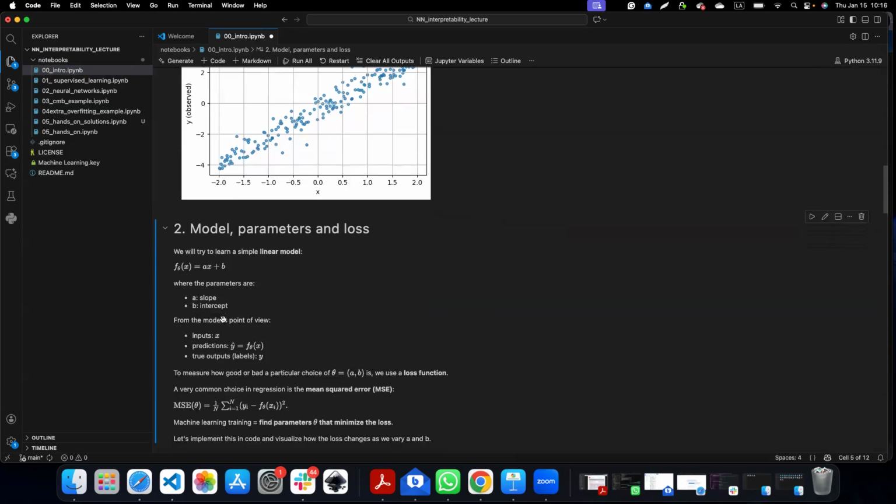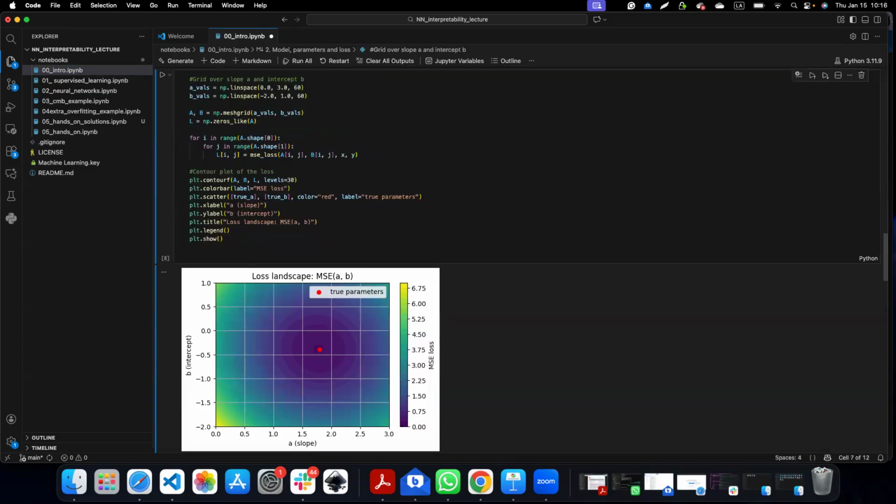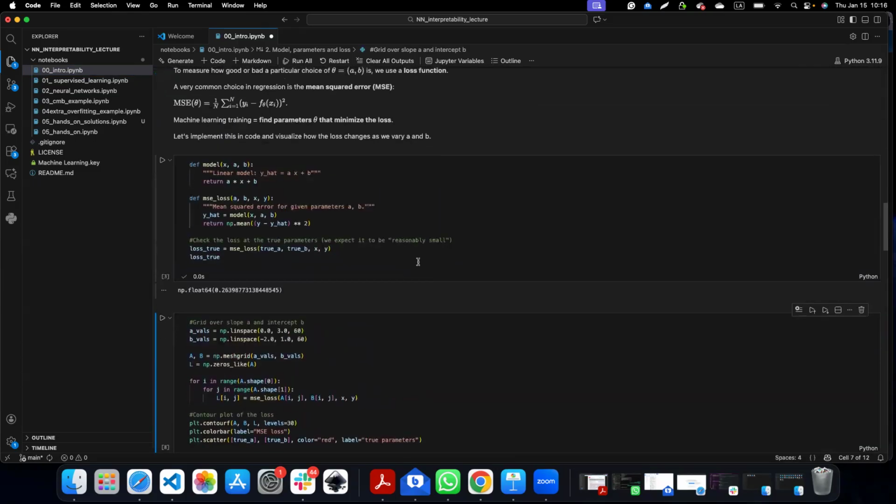And now we know from our model that y is going to be f of x, ax plus b, where we have the slope and the intercept. You run the next cell, and here we're going to define the model. We just define the function, ax plus b.